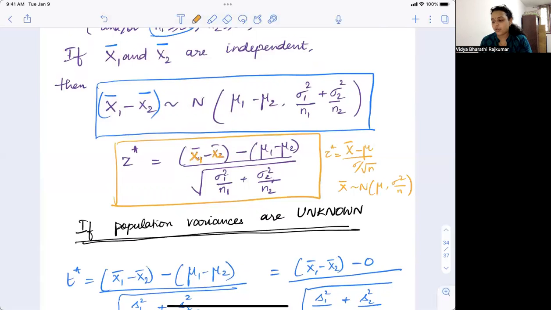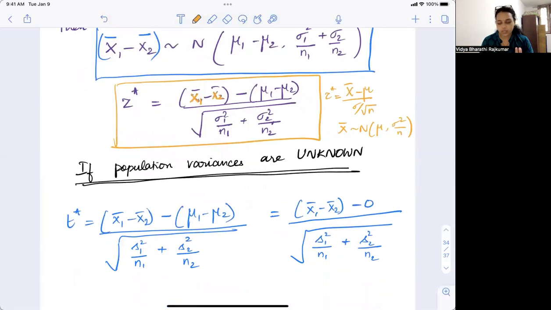Now, when we don't know sigma, we end up using S1 and S2 instead. And instead of a Z star, we'll call it a T-score, where it will be a T distribution. And using a T table, we can find out what the probabilities are.